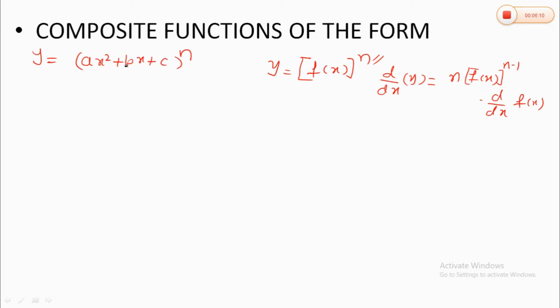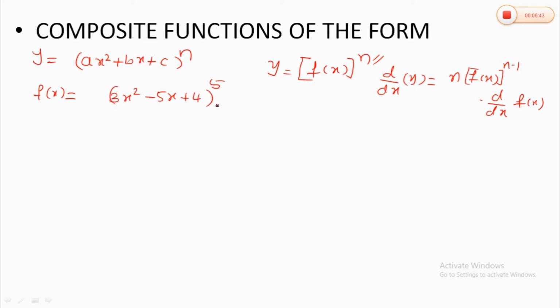So the derivative of this type of function is given by this formula: n (ax^2 + bx + c)^(n-1), then differentiate d/dx of ax^2 + bx + c. Similarly, consider f(x) = (3x^2 - 5x + 4)^5.